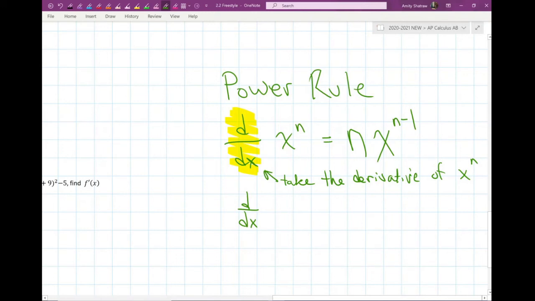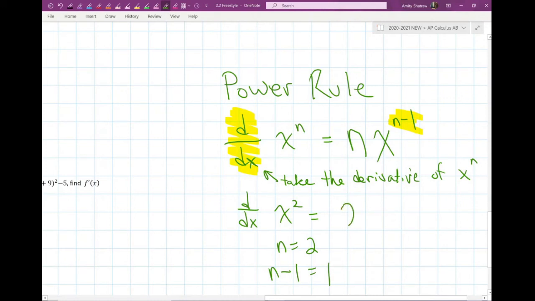If x was squared, then I would say that n equals 2. And if you're supposed to take away 1 from n, then if n was 2, n minus 1 will be 1, right? 2 minus 1 ends up being 1.